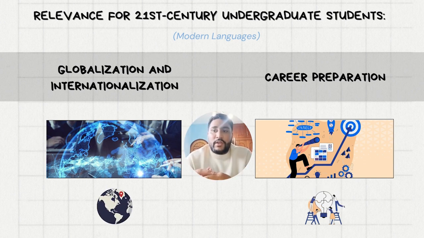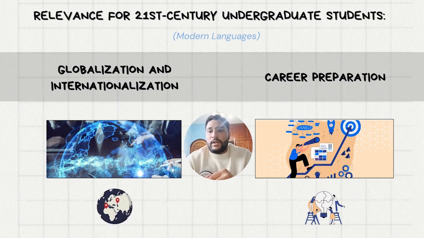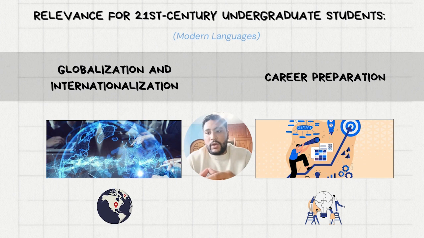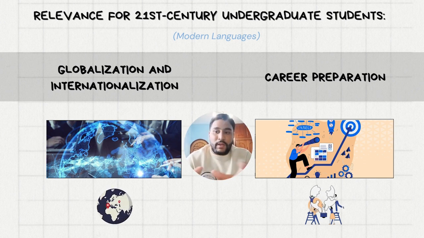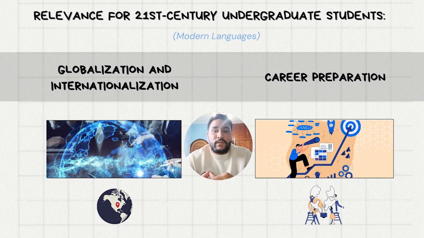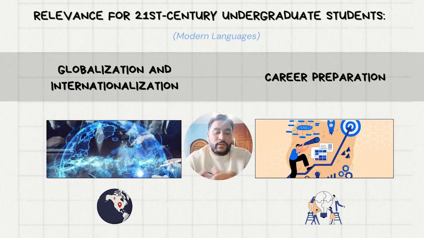Also, career preparation. ESP courses are tailored to the specific language needs of various professions by focusing on the vocabulary, grammar, and discourse patterns used in these specific fields. ESP helps students develop the language skills necessary for success in their chosen careers.